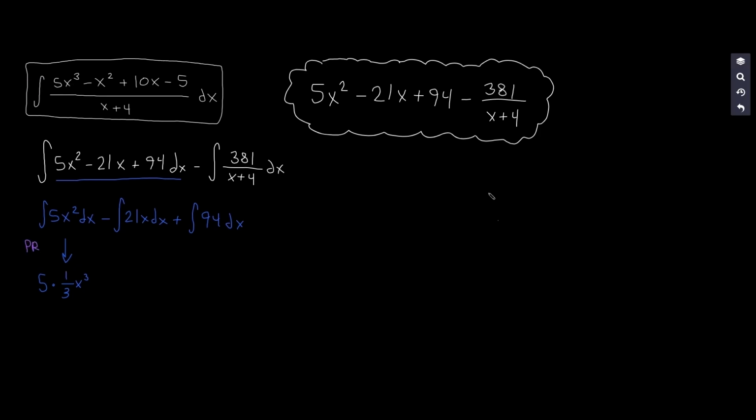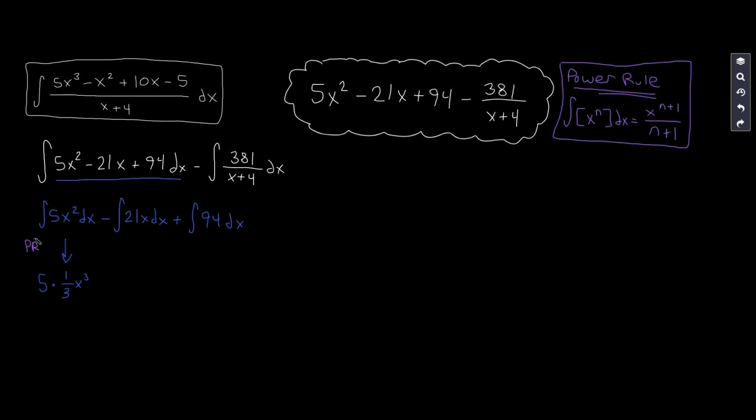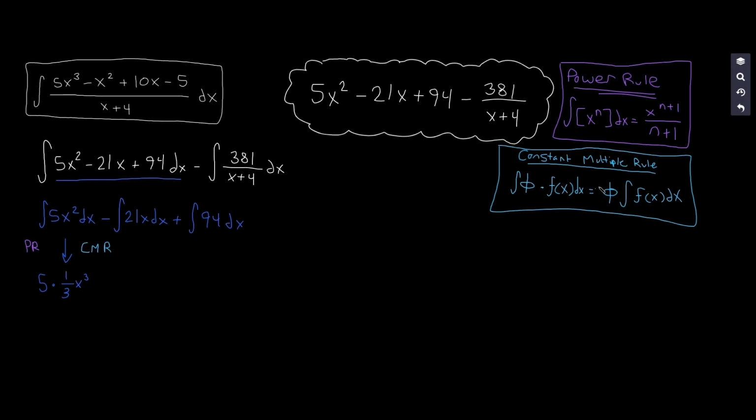PR stands for power rule, which I'll write out over here. And technically speaking, we also use the constant multiple rule. CMR stands for constant multiple rule, which I'll write out over here. So in this case, the constant was 5. Of course, this is going to turn into 5 over 3 x cubed.